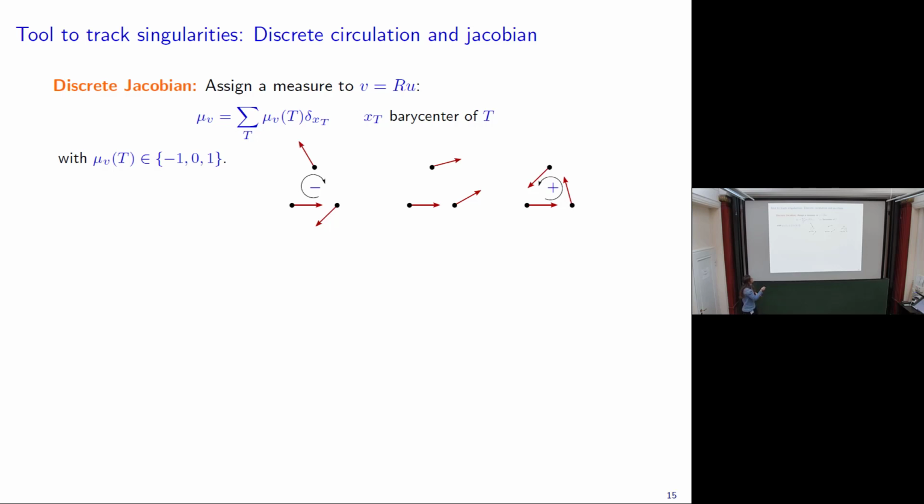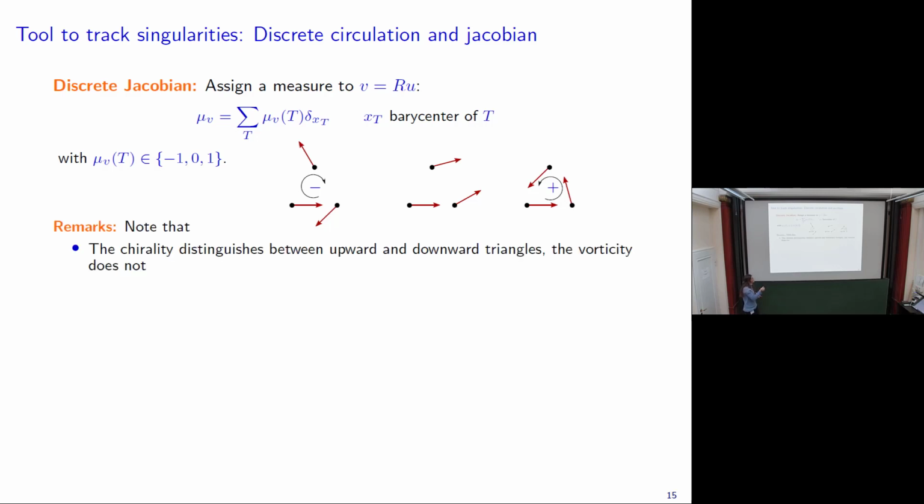Okay. Let me just say that one important remark, which might be confusing, is that the chirality that we saw before distinguishes somehow between upwards and downwards facing triangles, because it remembers the sublattice. You always go I, J, K. Let's say here was I, J, K, and my sublattice, and let's say here's an I prime.